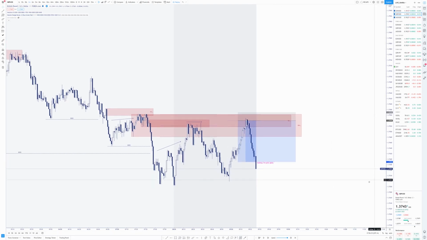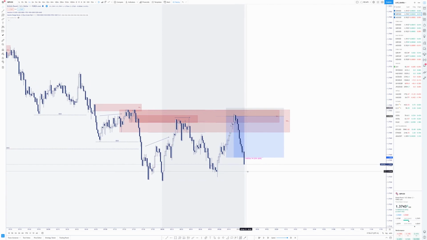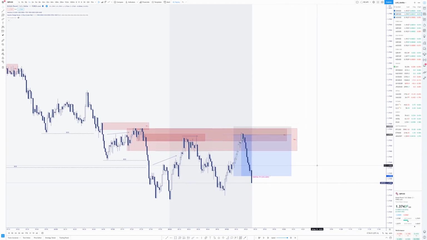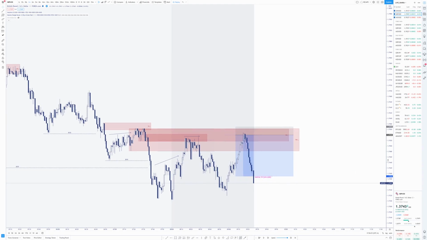So I'm covering risk and making a tiny bit of profit straight away, right? And what that allows me to do is leave my stop loss completely open. So rather than setting a break even right here, or a little bit lower to cover commission, technically I cover my commissions by doing this too, right?